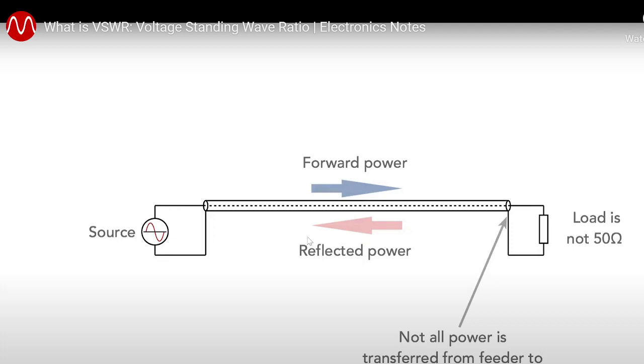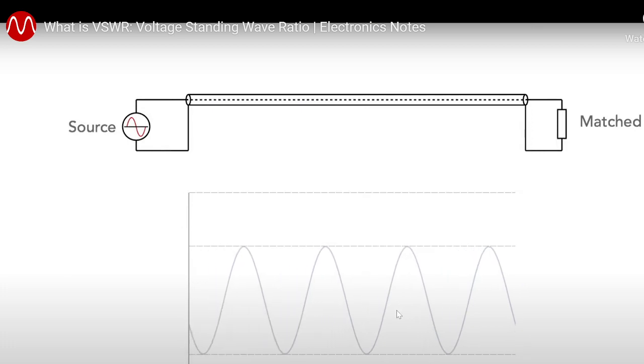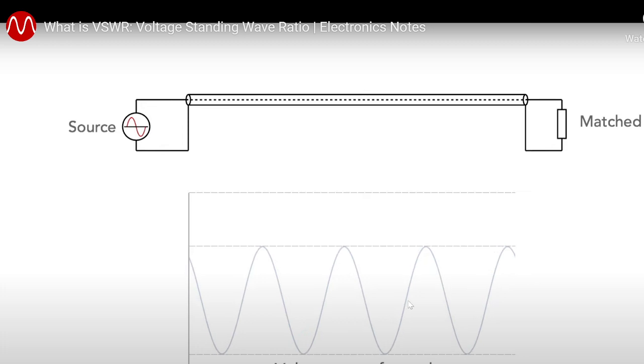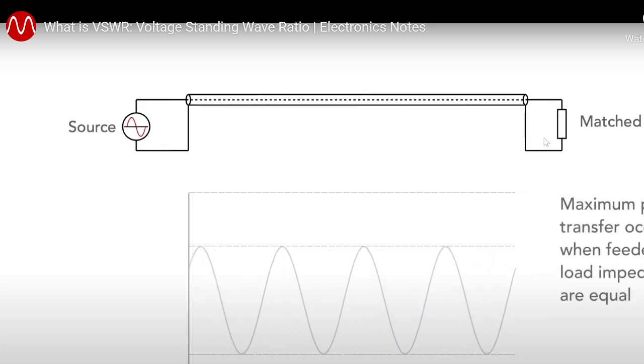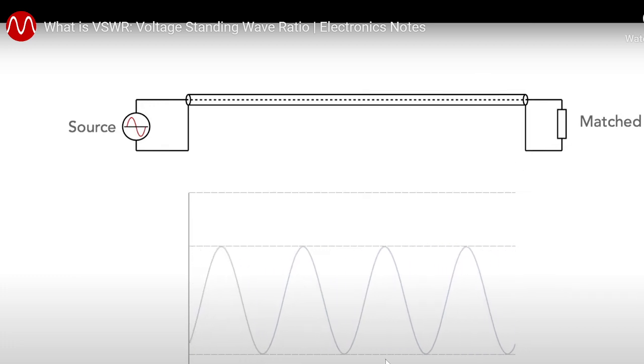These two interact and interfere together, and that creates a standing wave. This is the forward wave. Maximum transfer occurs when the characteristic impedance is equal to the load impedance.